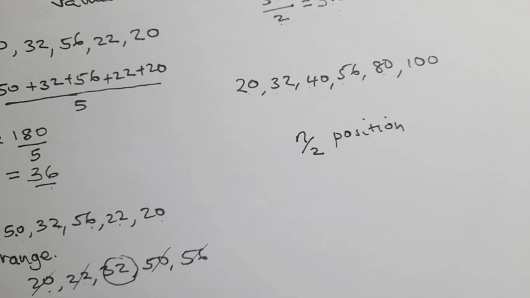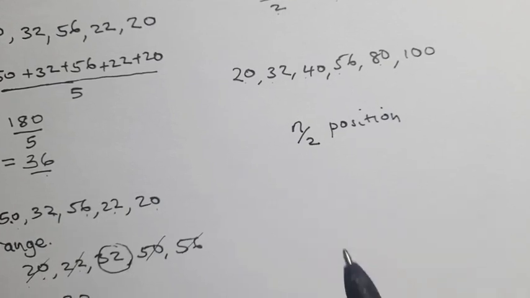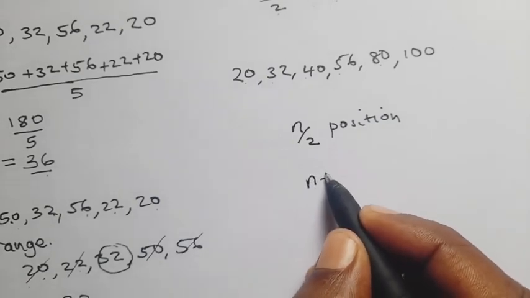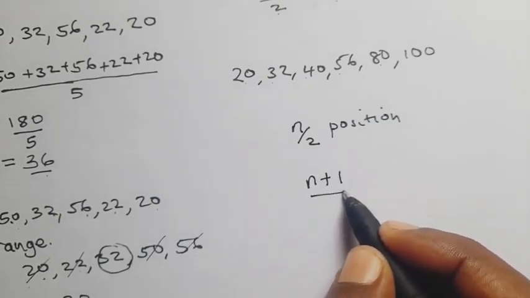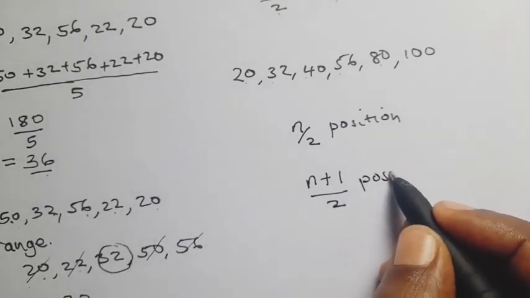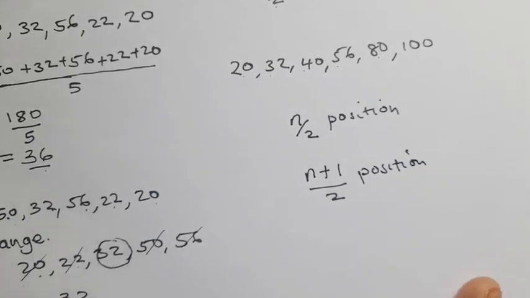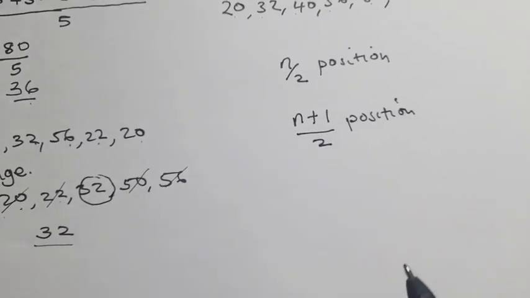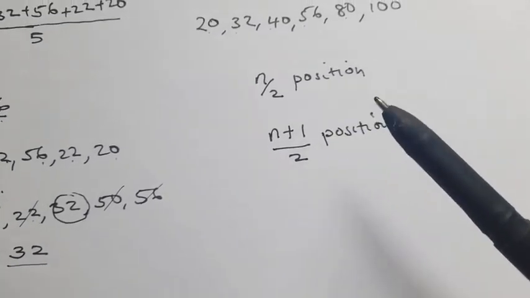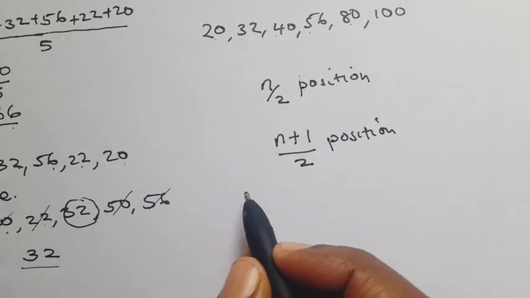Then we are also going to have another position, the value at position (n plus 1) all over 2. And before that, we should arrange first, and then we want to see which are these positions. So let's arrange in ascending order.